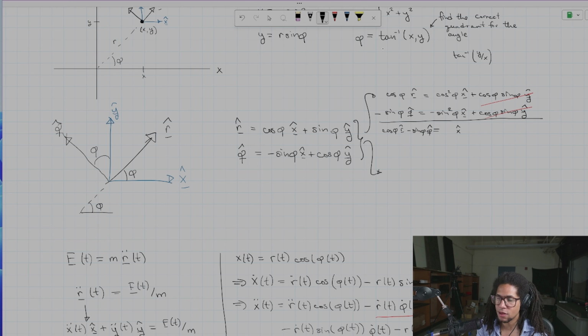We can do the same thing to get y hat by itself. So what do we need to do? We need to multiply r hat by sine phi. And then we need to multiply phi hat by cos phi.